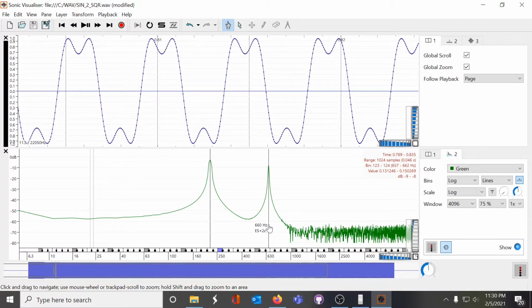You can see that it's at 660 hertz. A third harmonic has a really interesting property in that if you were to superimpose them on each other, you would find out that the valley of the third harmonic occurs at the peak of the fundamental. So if you add the two together, you end up with this attribute right here.